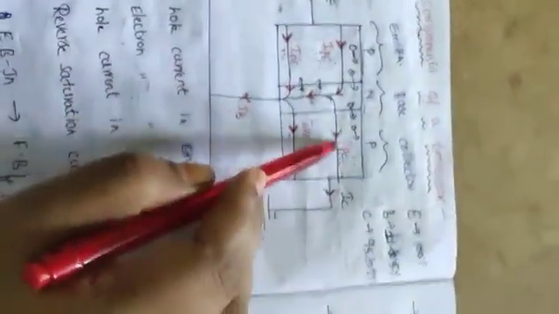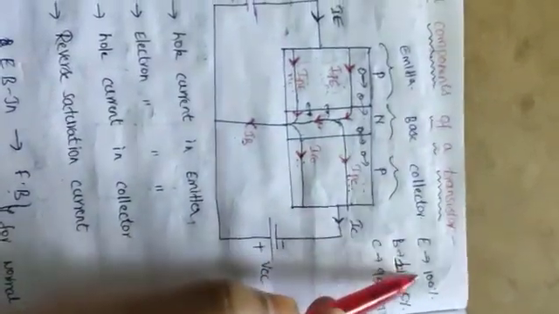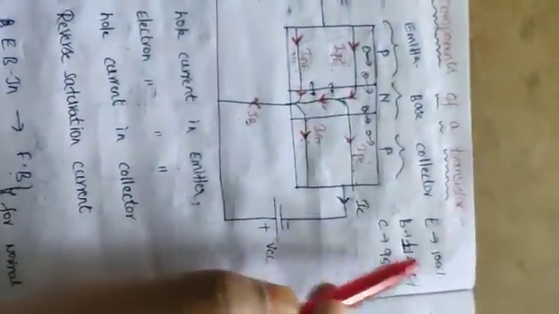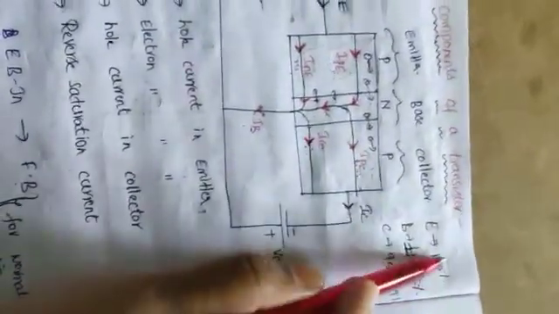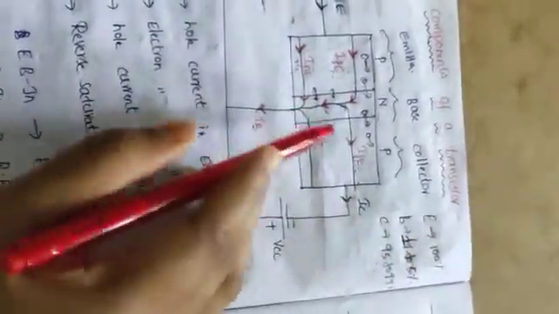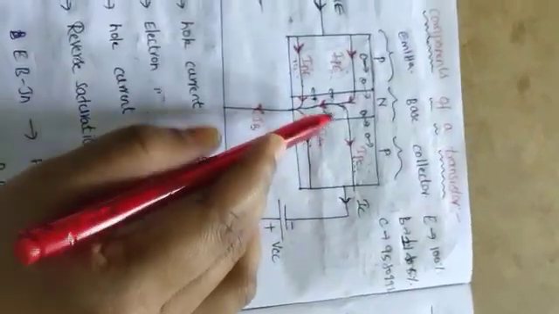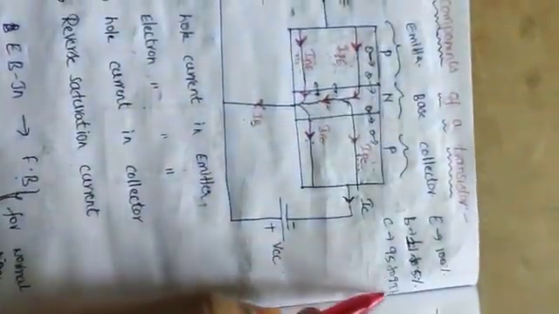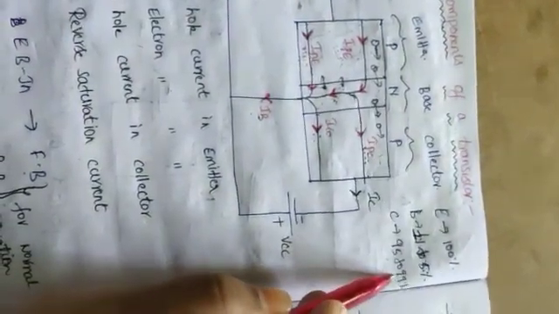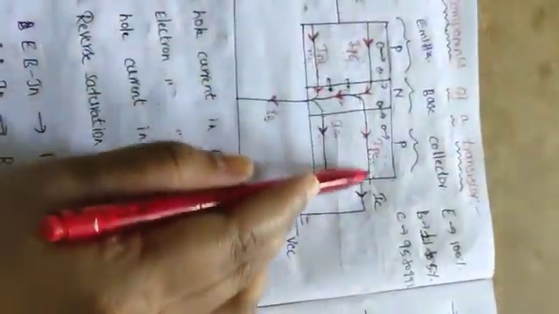If the emitter emits 100% of charge carriers, 1% to 5% are lost by recombination in the base, and the remaining 95% to 99% move towards the collector.